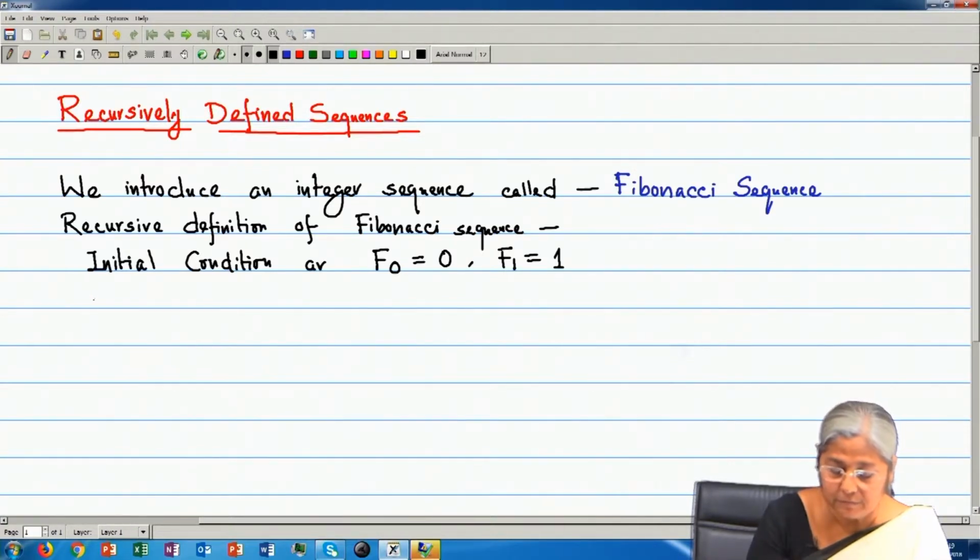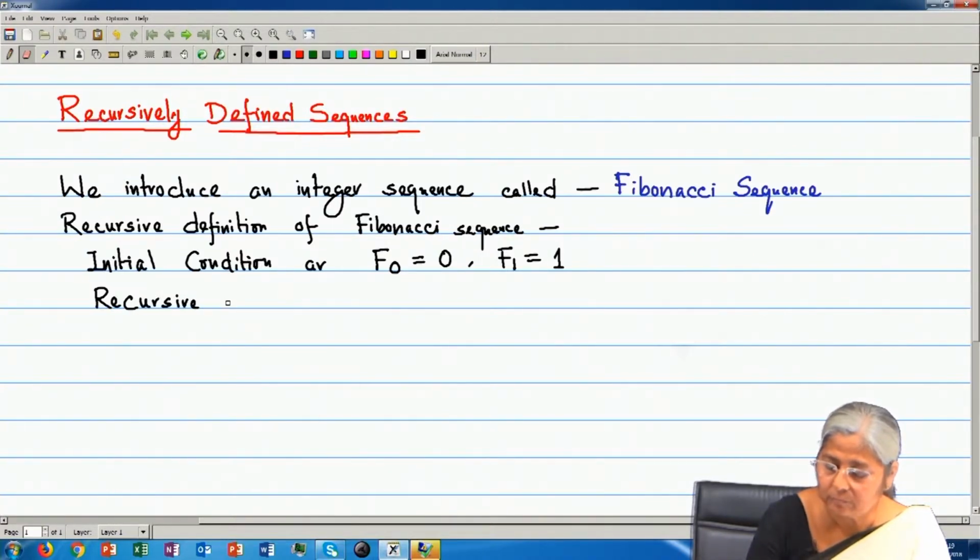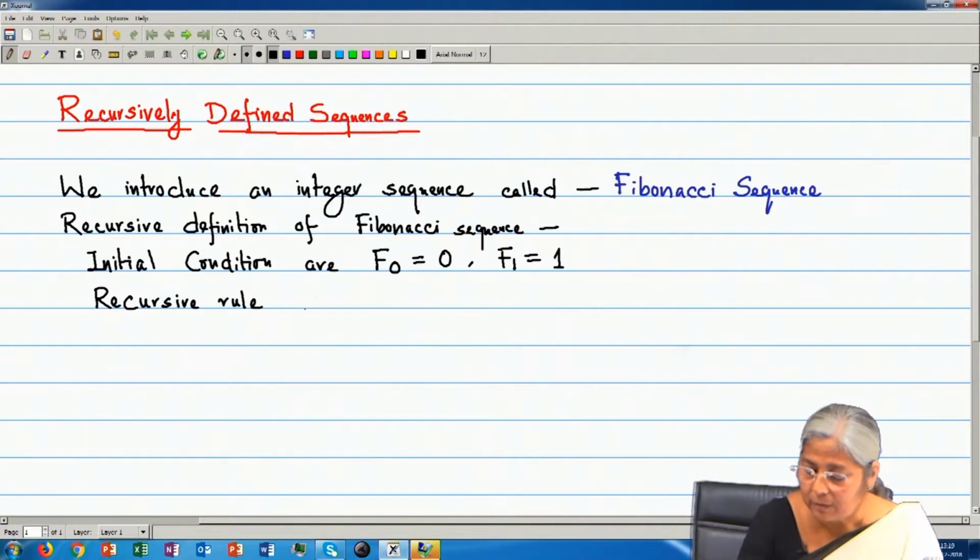And the recursive rule is f n equal to f n minus 1 plus f n minus 2.